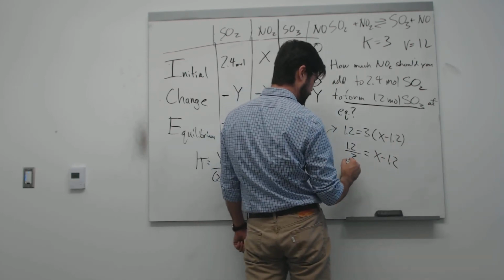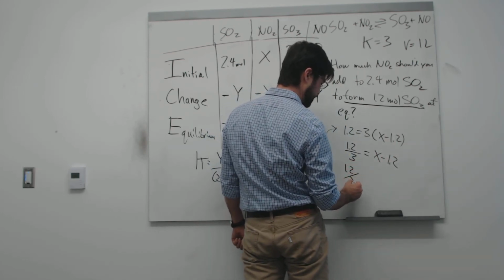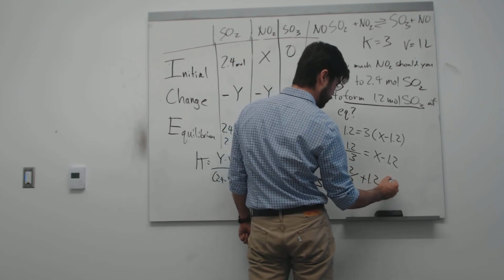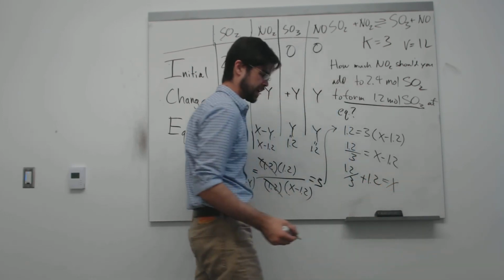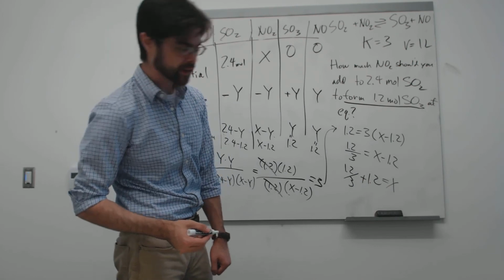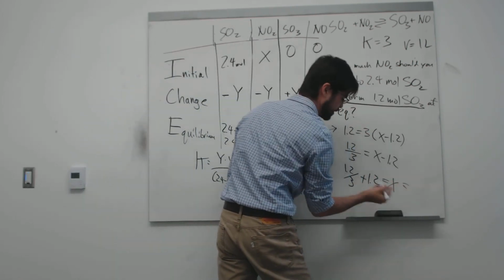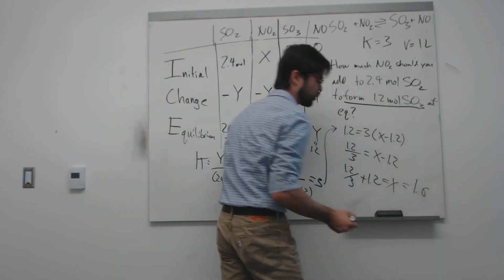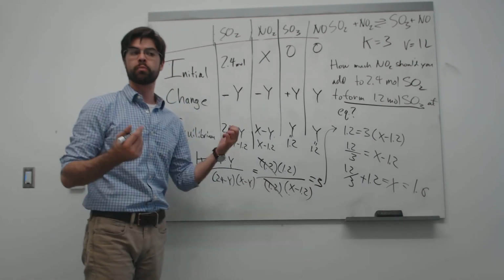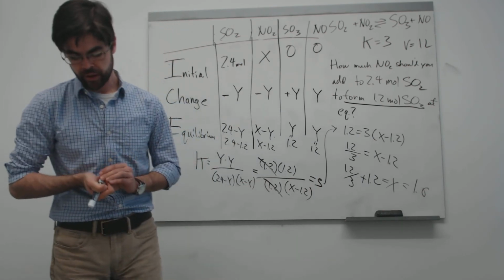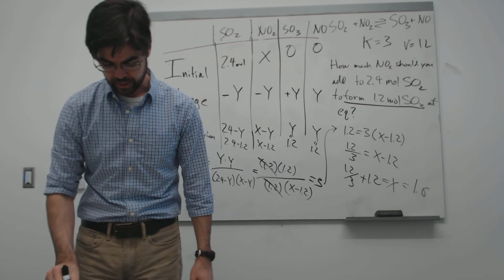Add over the 1.2, so 1.2 divided by 3 plus 1.2 is equal to x. If I calculate this, I get 1.6. So I need to start with 1.6 moles of nitrogen dioxide.